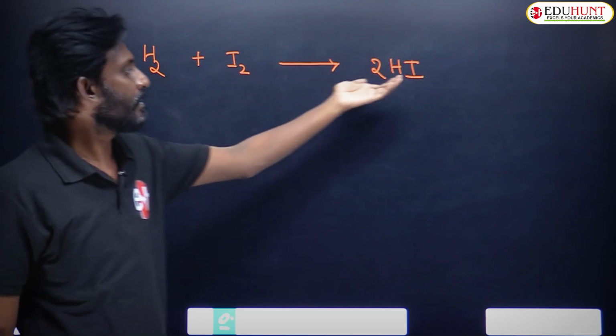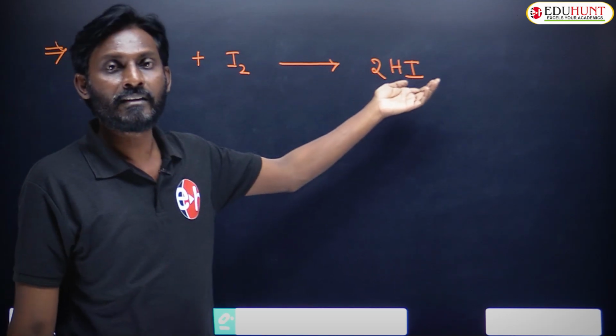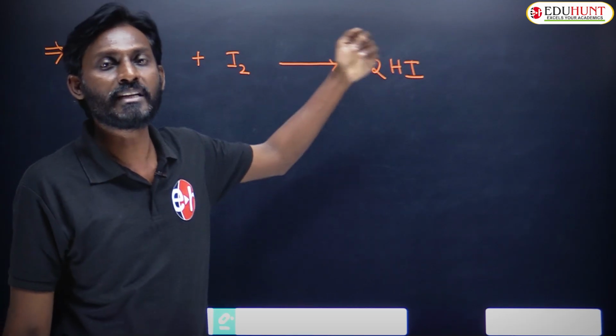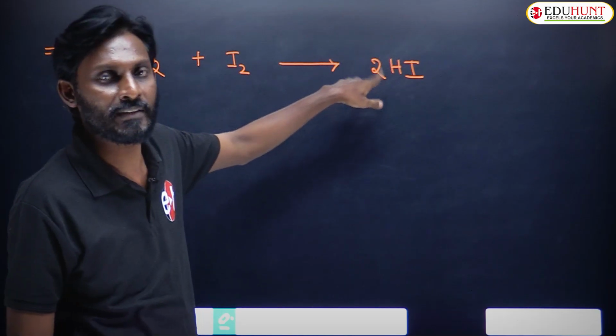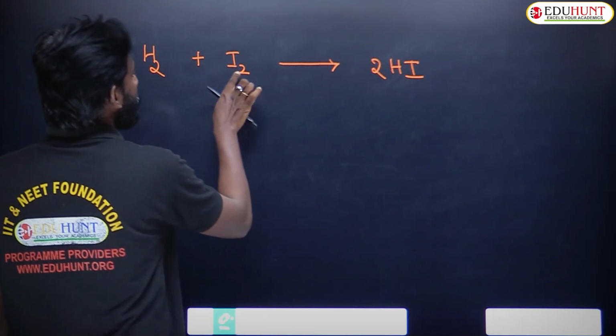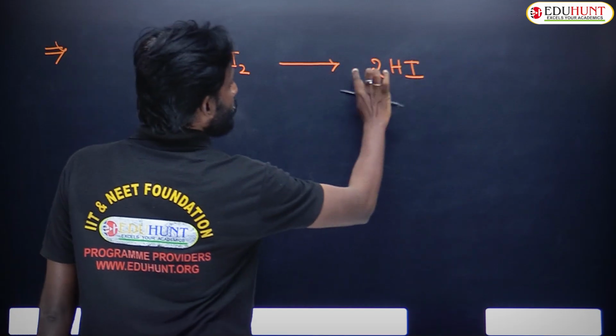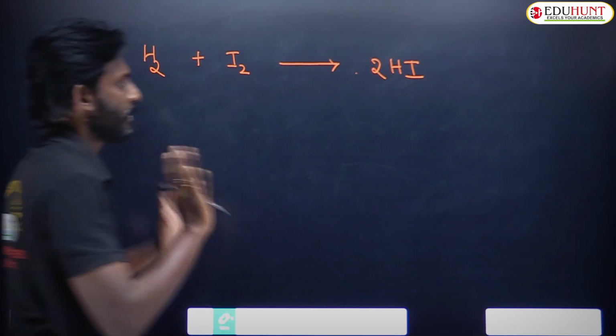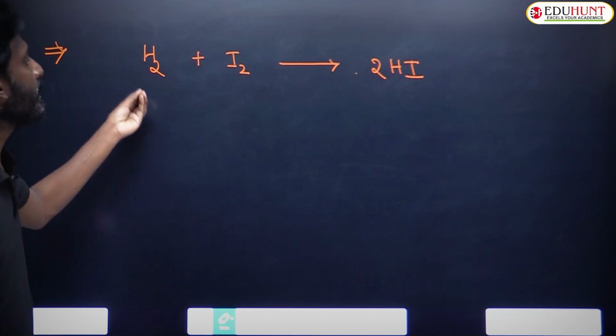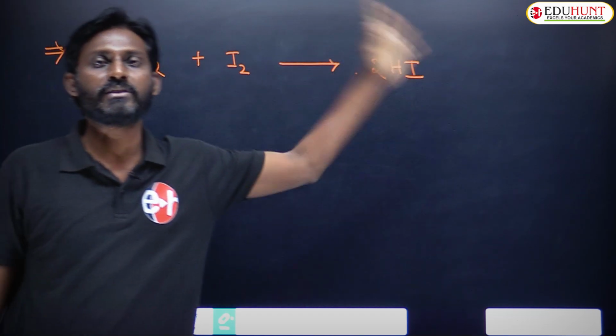But in HI, to represent the same number of hydrogen atoms, I used this coefficient 2. Similarly, 2 iodine atoms are there, and 2 hydrogen atoms are present. Now H2 interacts with I2 to give 2 HI.